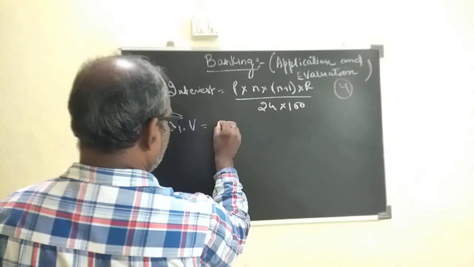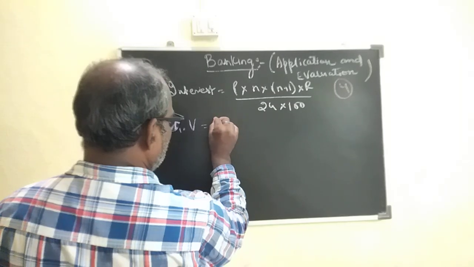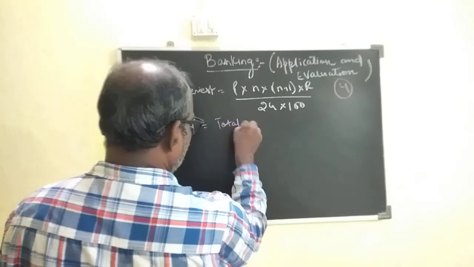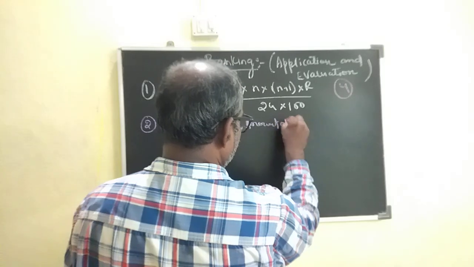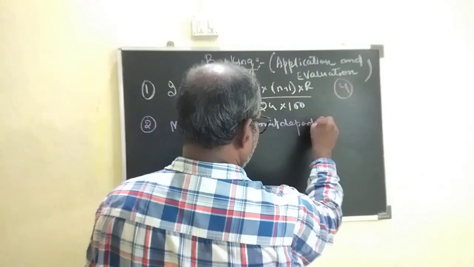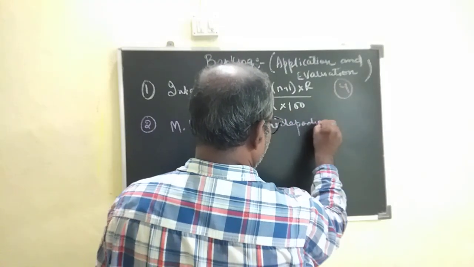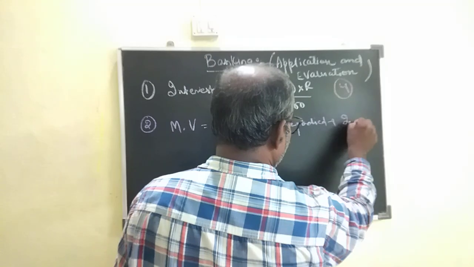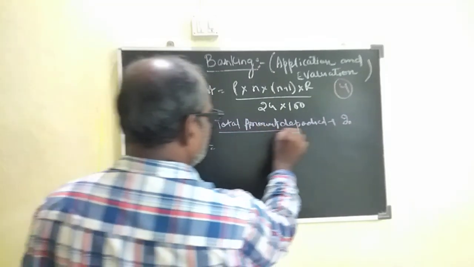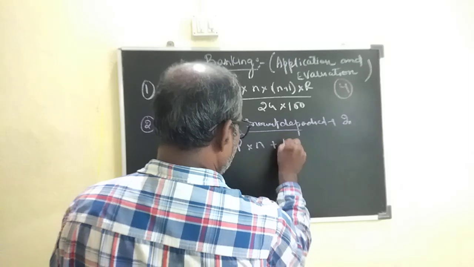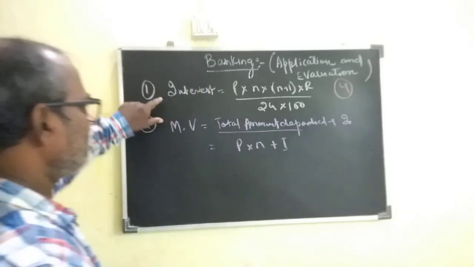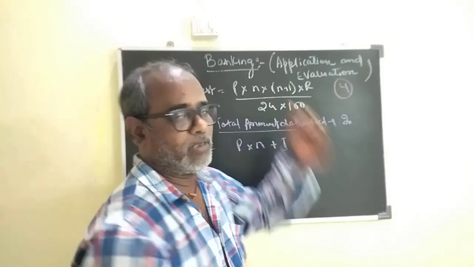Maturity value equals total amount deposited plus interest. Total amount deposited means P into N. So these are the only 2 formulas which we have to use in banking.